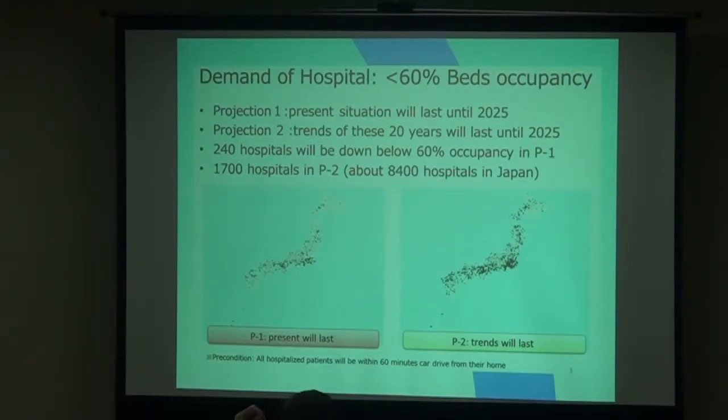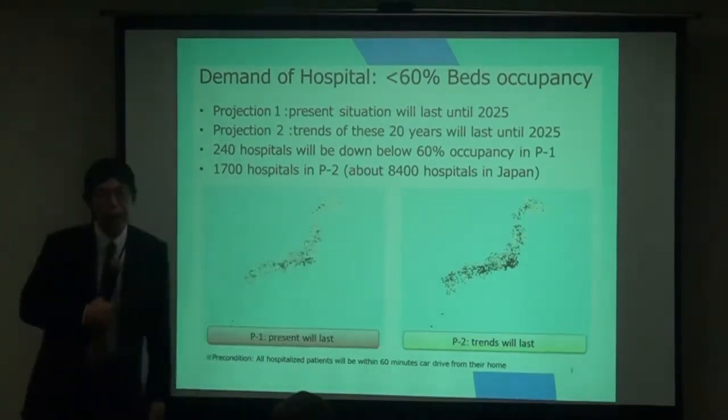The previous presenter said he wants to know how to shorten hospital stay at Thomas Jefferson. This kind of approach is also emerging in Japan, and I think this trend will last the next 10 years. So we will face a very severe condition in 2025, I think.